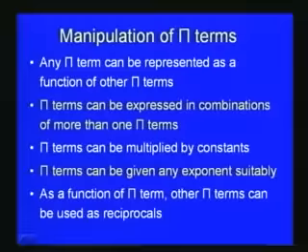Any pi term can be represented as a function of other pi terms, and the pi terms can be expressed in combinations of more than one pi term. So this is also possible. Then the third point is pi terms can be multiplied by constants. So we can represent each pi term by multiplying by another constant term.